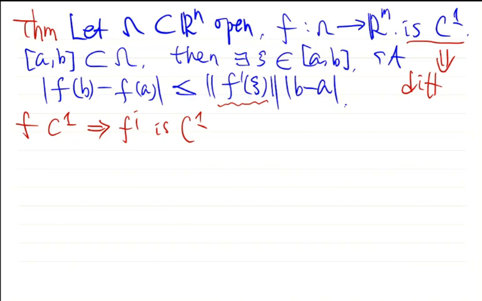Now, for the study of vector valued functions, a very useful idea is to convert the problem into problems about real valued functions. How to get a real valued function? A useful idea is to take the inner product.